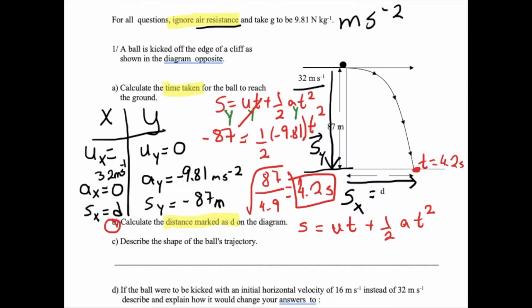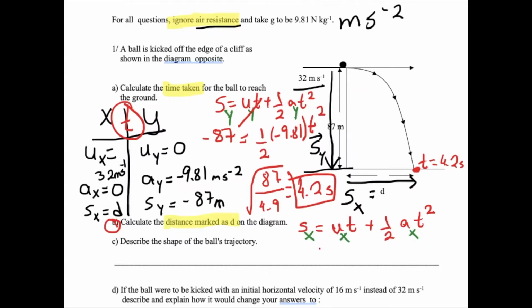But now I'm using the same formula for the x component. So I end up using the formula twice in the same question, but I use it for the vertical to find the time. And now that I know the time, I'm going to find the displacement using that, because what connects the horizontal and vertical components is always time.